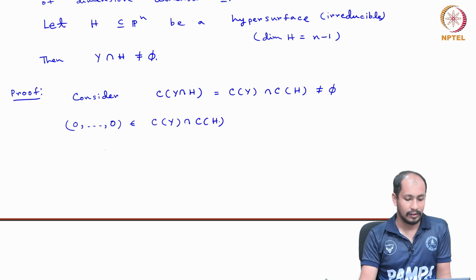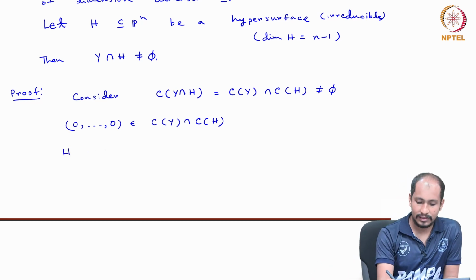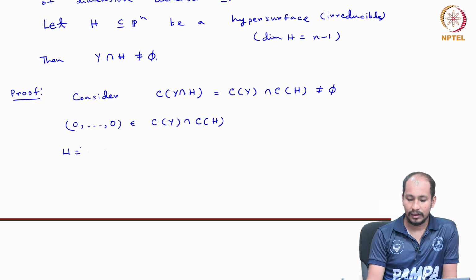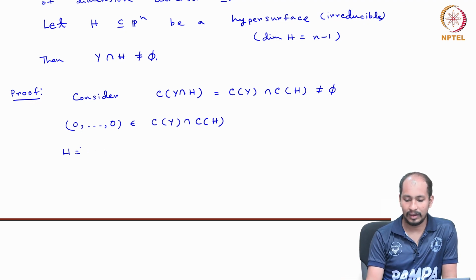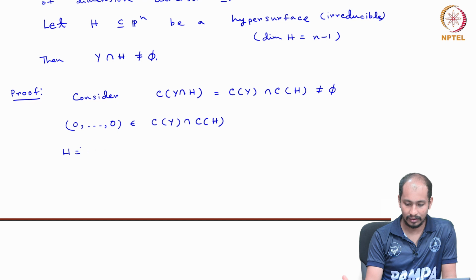Now H is a hypersurface. In the last tutorial we have seen that if H is a hypersurface inside An, then it is the zero set of a single irreducible non-constant polynomial.